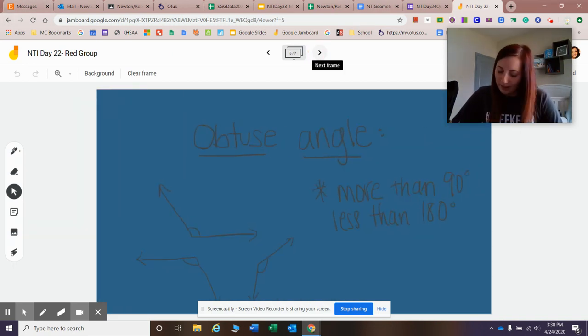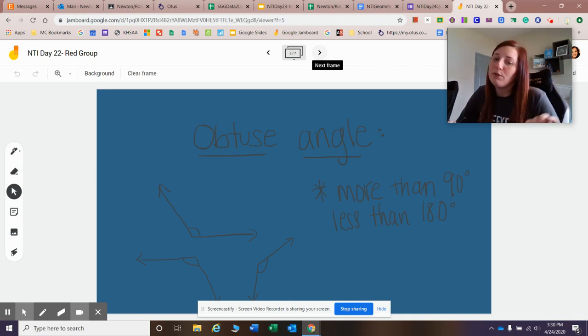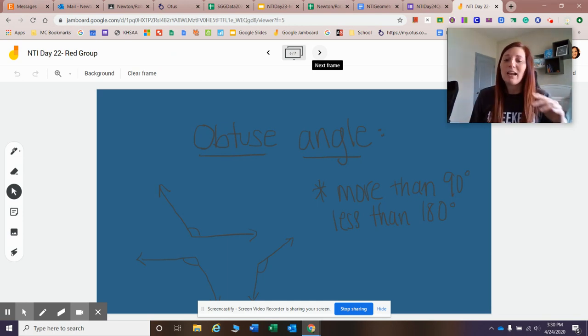The last type of angle that we're going to be looking at is called an obtuse angle. Obtuse sounds like obese, and obese means big. And that's exactly what it is. An obtuse angle is your biggest angle right before it gets to the straight line. It's got to be more than 90, more than a right angle, and less than 180, because it has to be less than a straight angle.